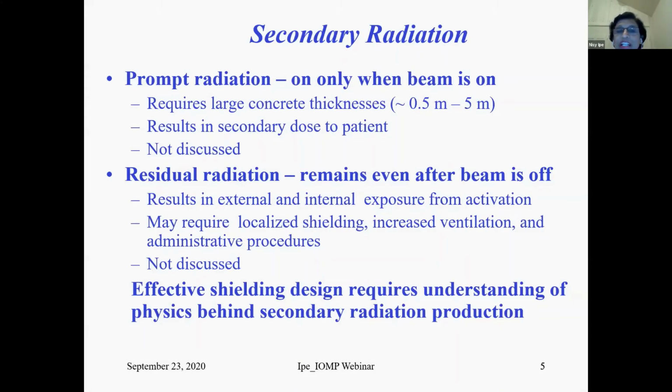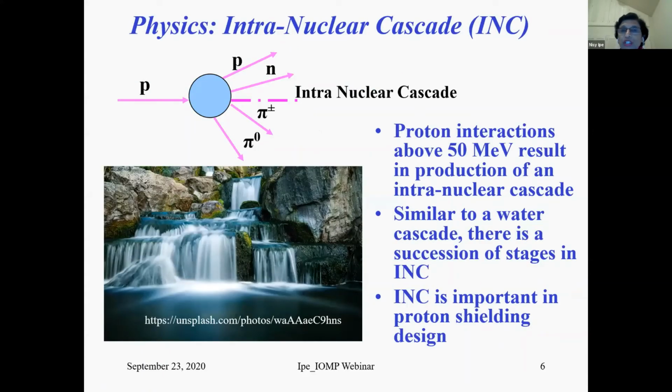But the residual radiation remains even after the beam is off, and this can result in external and internal radiation exposure from activation, and so it may require mitigating measures like localized shielding, increased ventilation, and administrative procedures. So the effective shielding design requires understanding of physics behind secondary radiation production.